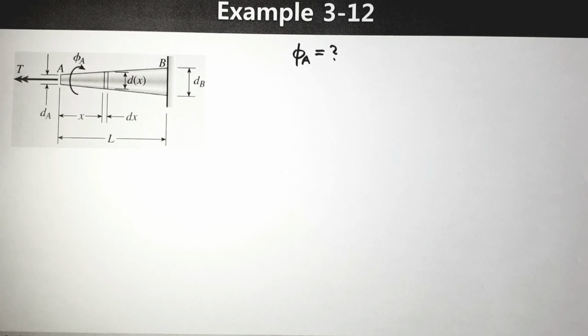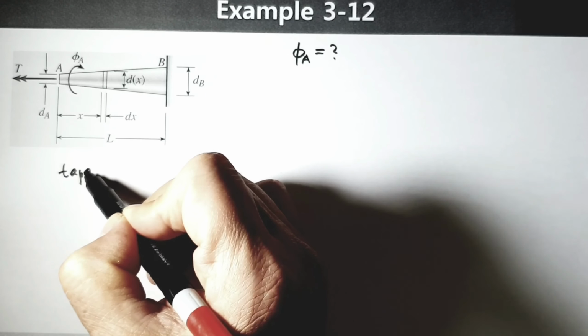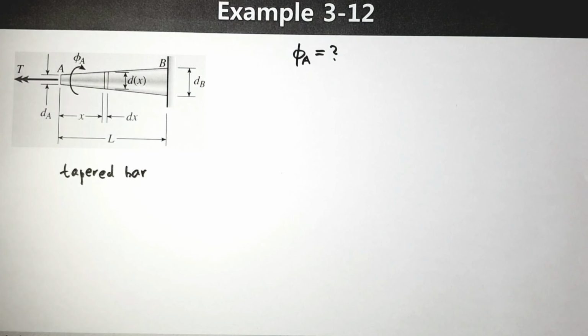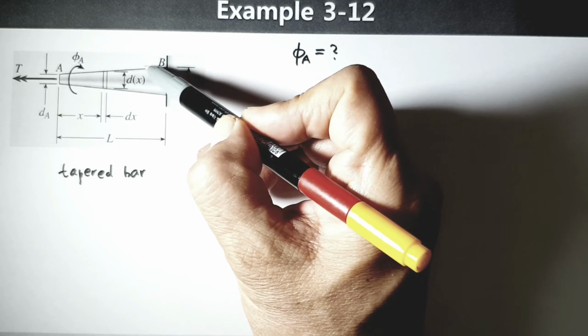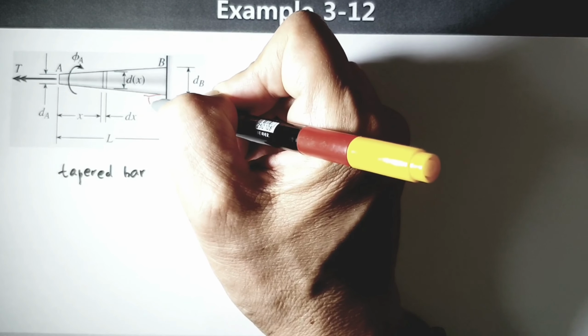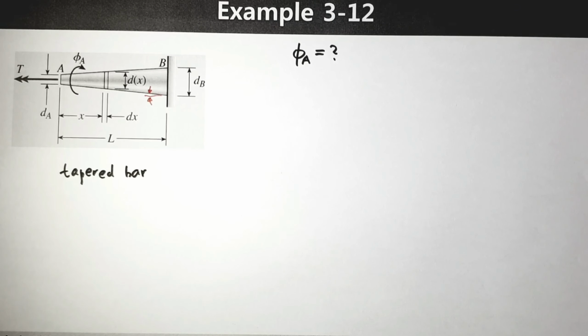Now let's think about another example. In this example, we have a tapered bar. With a tapered bar, the slope angle is relatively small. That's the basic assumption.